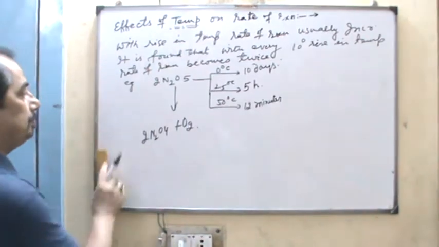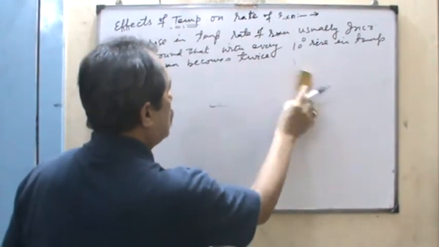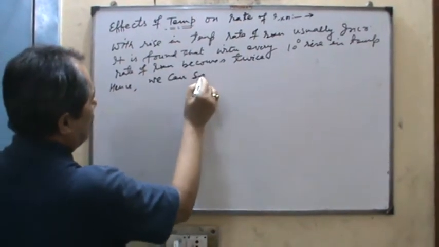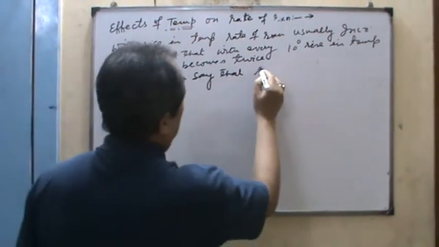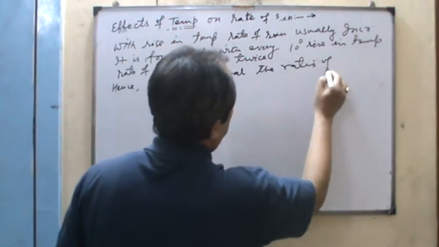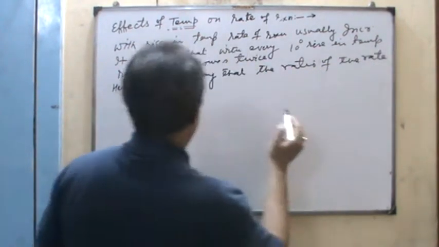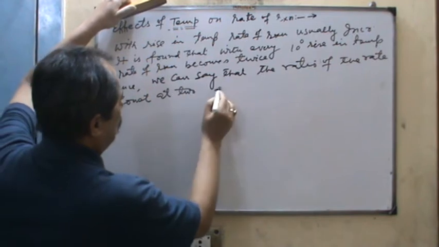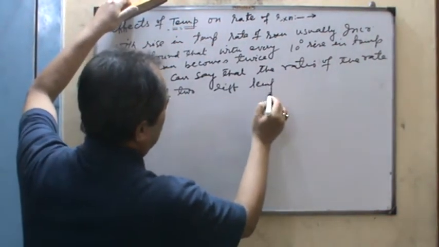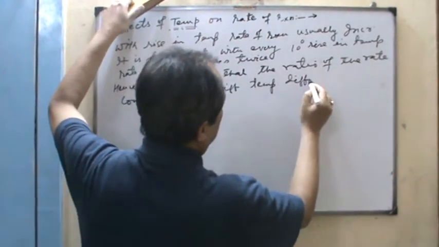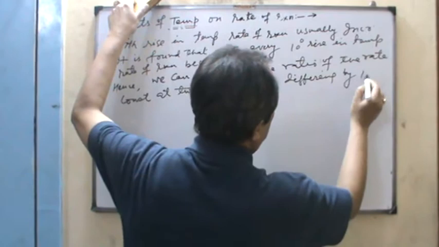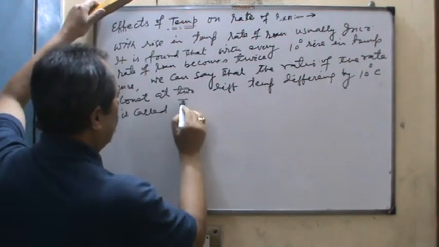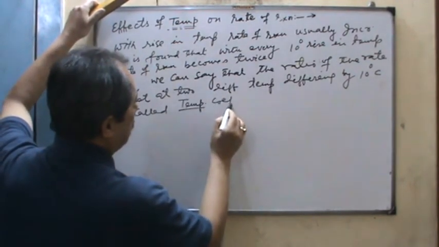Hence, the ratio of the rate constant at two different temperatures differing by 10 degrees Celsius is called temperature coefficient.